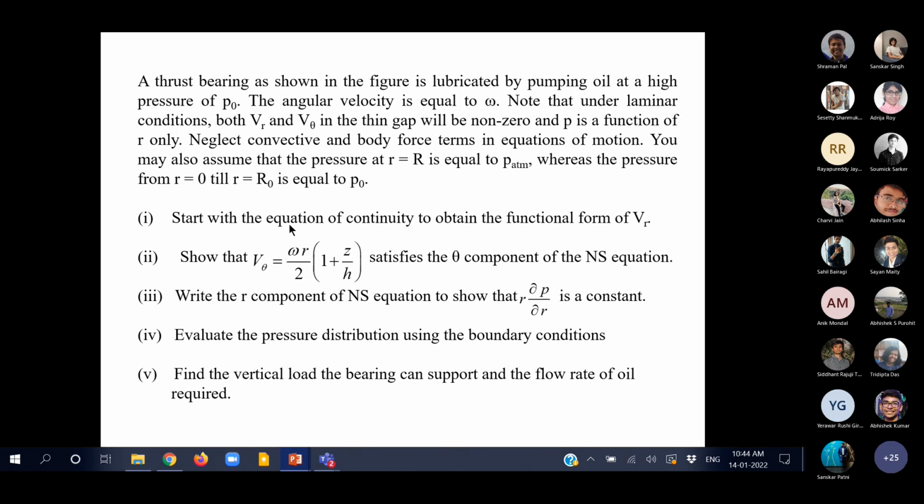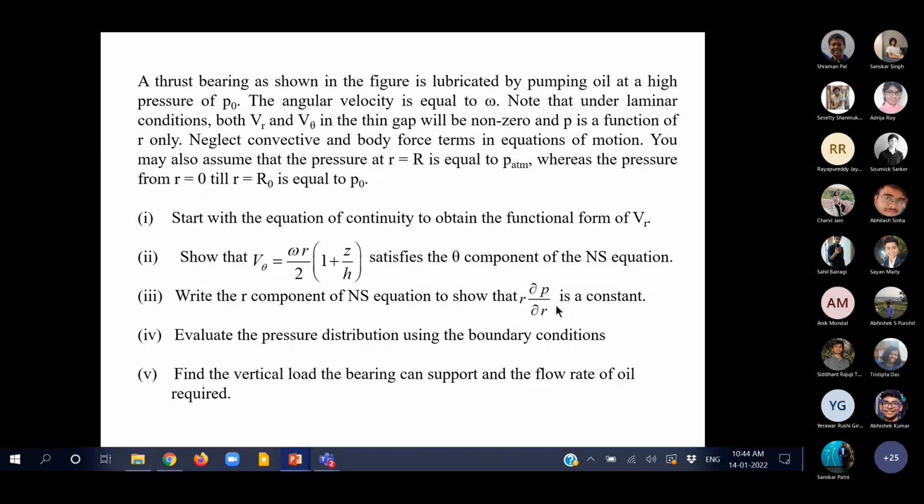could be integrated with the two known boundary conditions, pressure P naught and P atmosphere at two different values of R, so you get the pressure distribution with the appropriate boundary conditions.